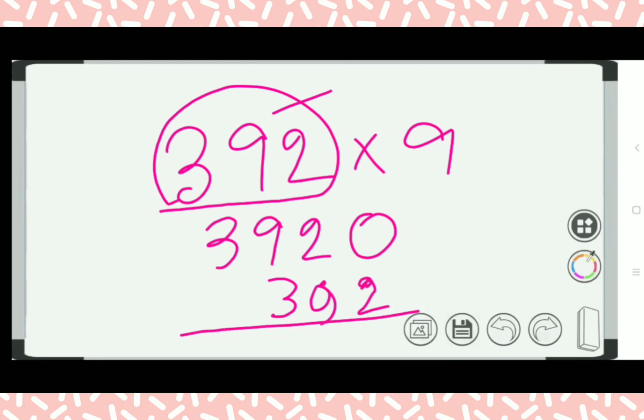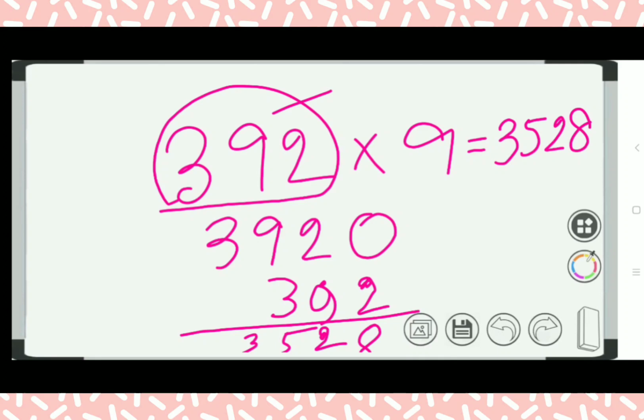Okay, let's subtract it. You can see it is coming 3, 5, 2 and 8. It is coming 3528. This is how we can multiply any number by 9 using these tricks.